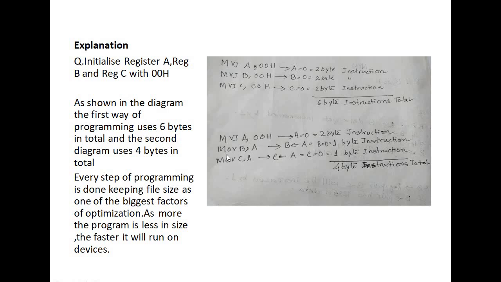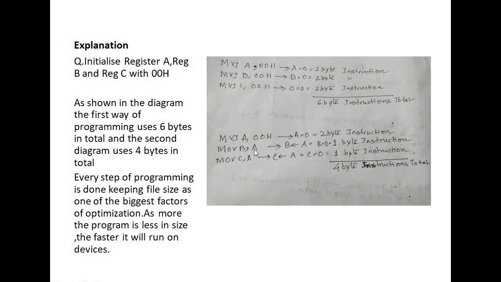Then MOV B, A. What will happen? Whatever data is there in register A will get loaded into register B. What is there in register A? 00H, because I have initialized register A with 00H. So 00H will get loaded in register B. After loading, will the data in register A get erased?